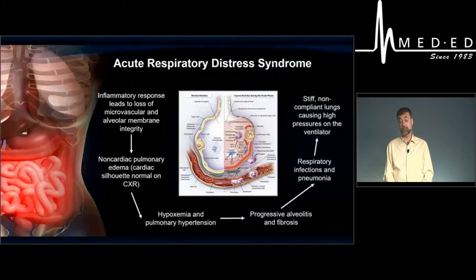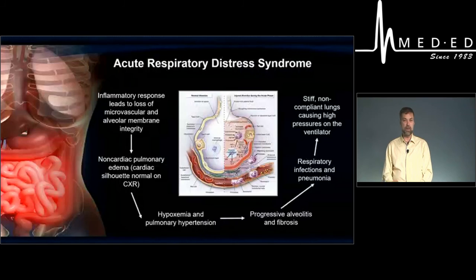And the lungs, especially the alveoli, become stiff and fibrotic, and they don't stretch. So now you have these alveoli that won't stretch during inhalation anymore. The fluid sets up a foci for infection, and the patient gets secondary respiratory infections and pneumonia.